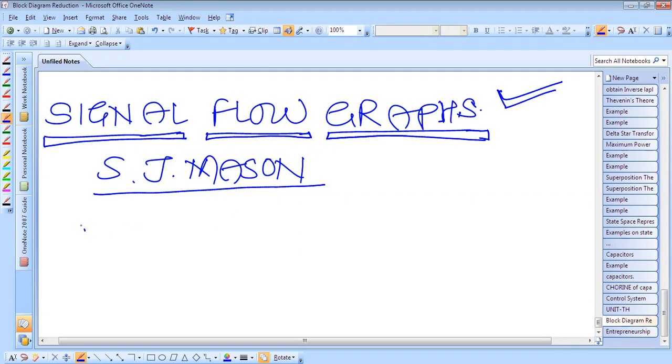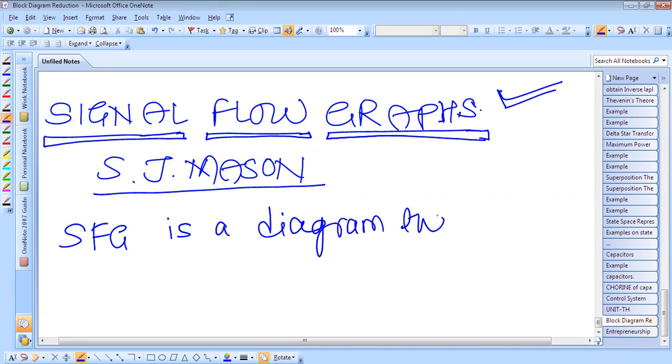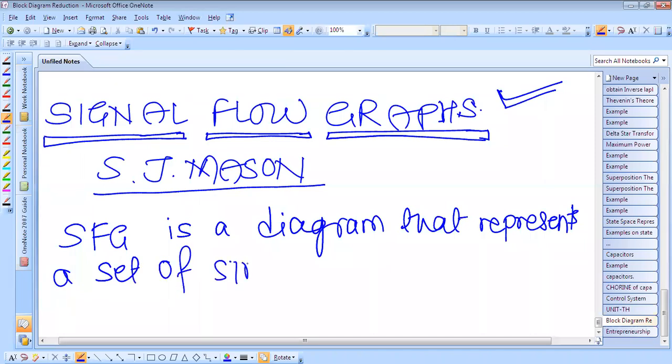A signal flow graph is a diagram that represents a set of simultaneous linear algebraic equations.